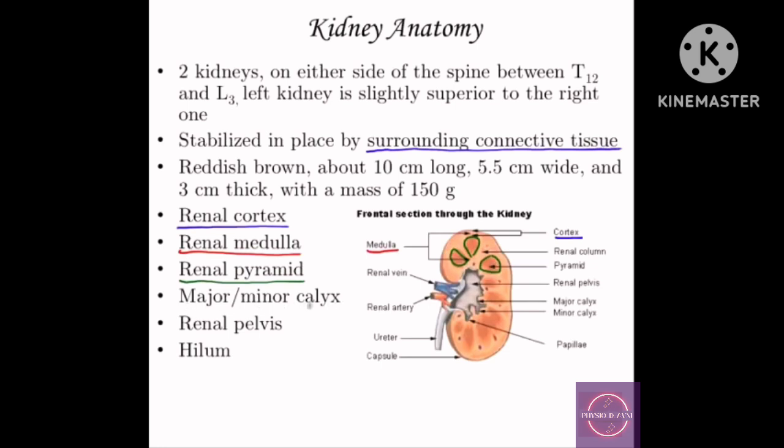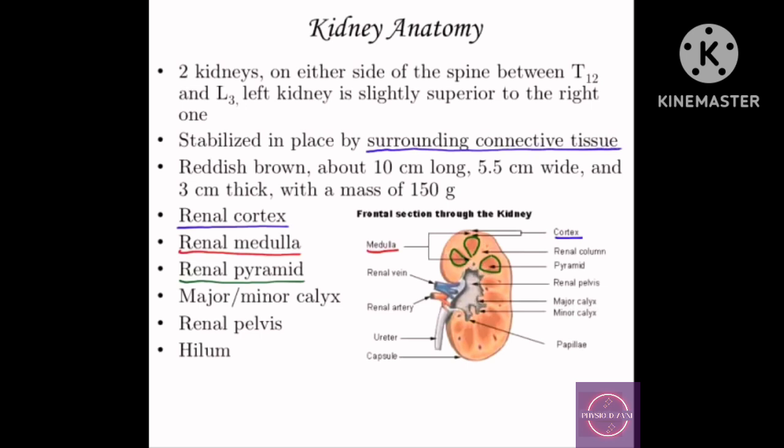And then you have these two areas. They're each calyces or calyxes, major and minor. So once you have development of urine, it comes out of the medullary area into what are called minor calyxes, and all of the minor calyxes lead to major calyxes.